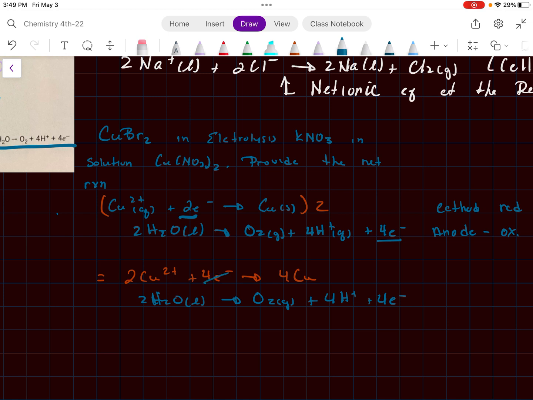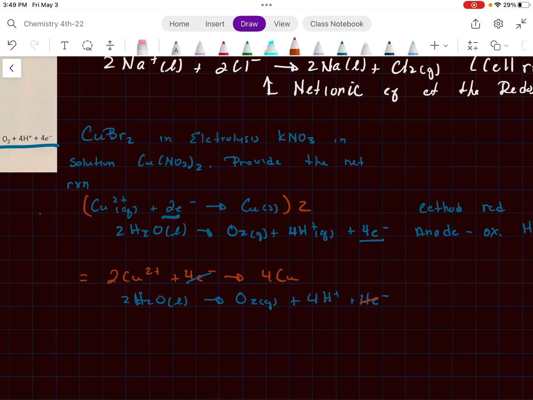At this point, we can safely cancel our electrons. Once we combine them, we're going to end up with our net ionic equation, which in this case is going to look something like this. That's aqueous, by the way.